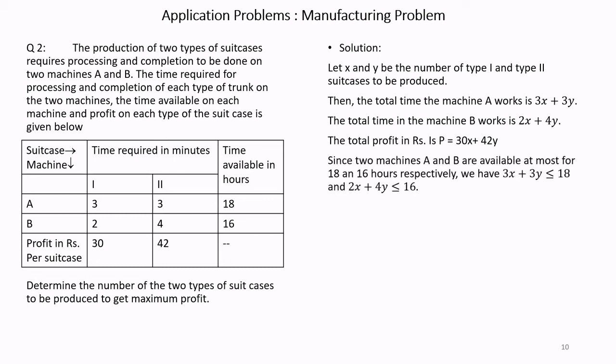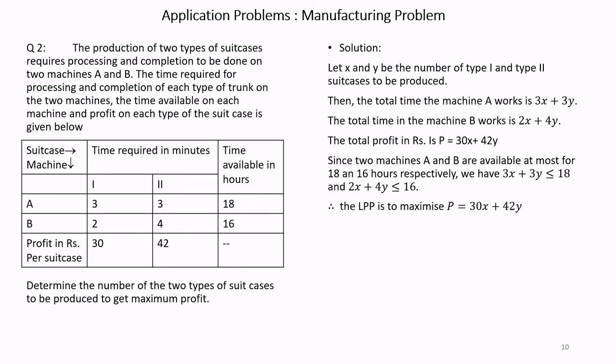Since the two machines A and B are available for at most 18 and 16 hours respectively, we have 3x plus 3y less than or equal to 18 and 2x plus 4y less than or equal to 16.